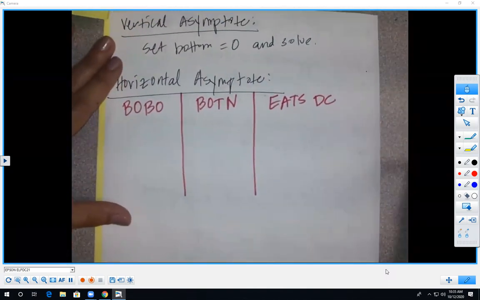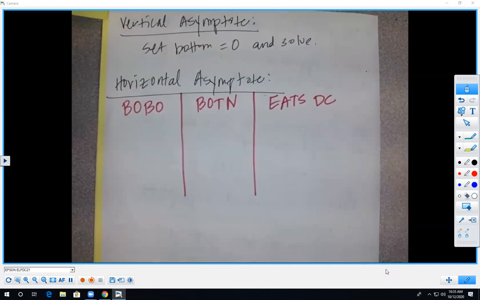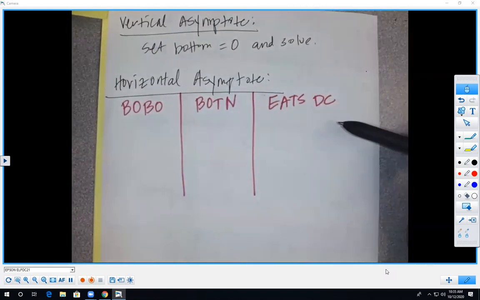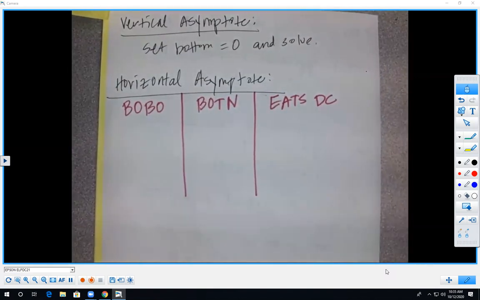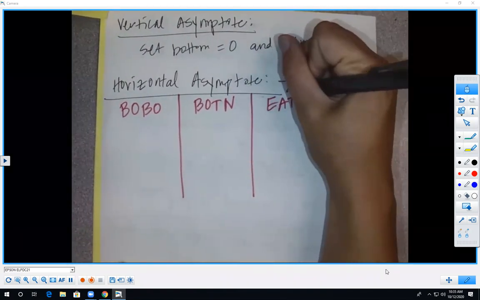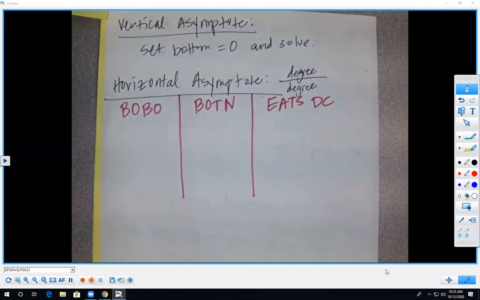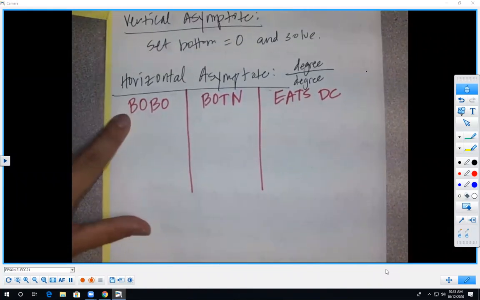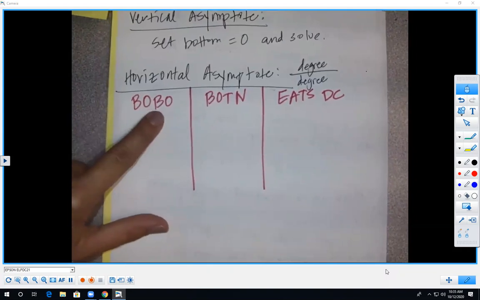So what we are looking at when we use this mnemonic is the degree on top and the degree on bottom. You're looking at the degree of the polynomial on top and the polynomial on bottom. If you look at the first part, if the degree is bigger on bottom, that's the B-O-B.